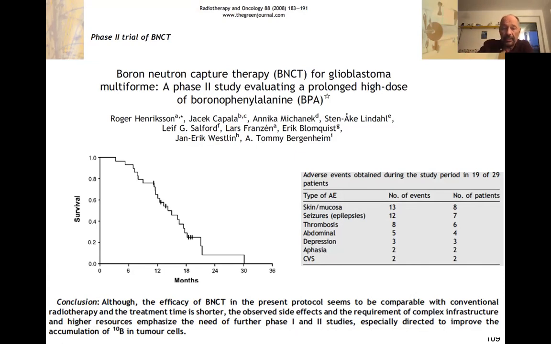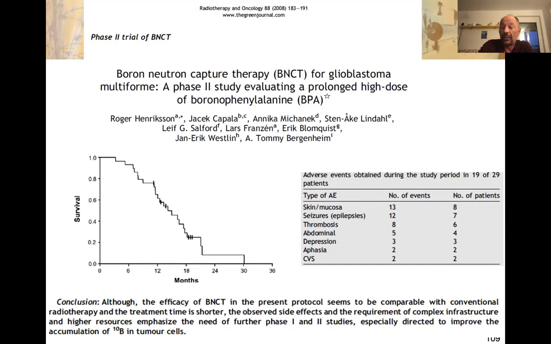But the results, you see, this is the survival of the patients with glioblastoma treated with BNCT. You see that at 24 months, at 30 months, there are no patients surviving, essentially. This is typical, unfortunately, of glioblastoma grade 4.